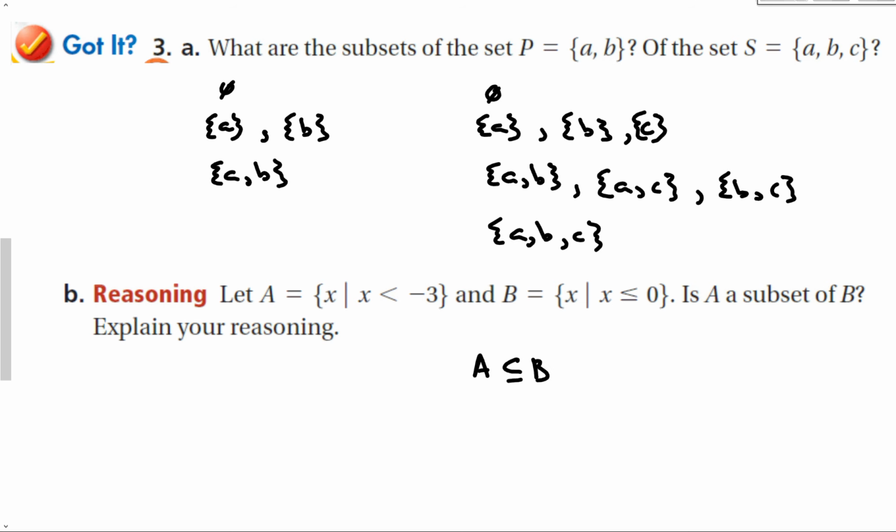And the answer is yes. Because if you think about roster notation, this set starts at negative 3 and goes down. This set starts at 0 and goes down. So everything in A is going to be in B. They overlap.